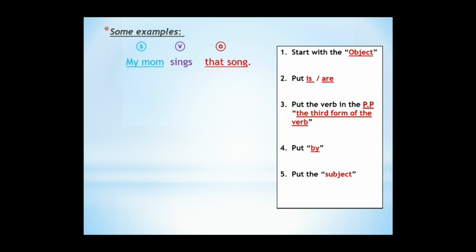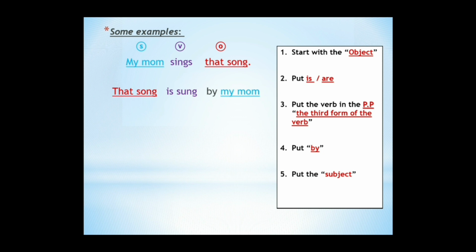So you're going to start with the object, which is that song. Then you put is or are. That song takes is. And the past participle of sing is sung. Then you put the word by, and then you put the subject.